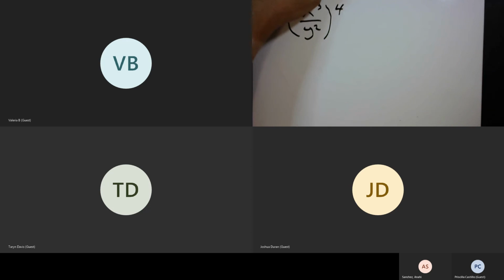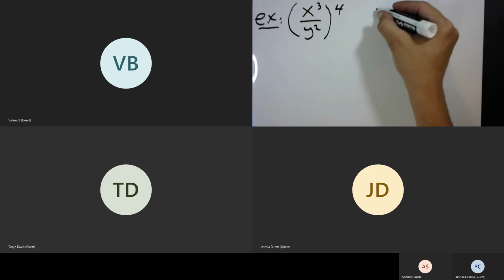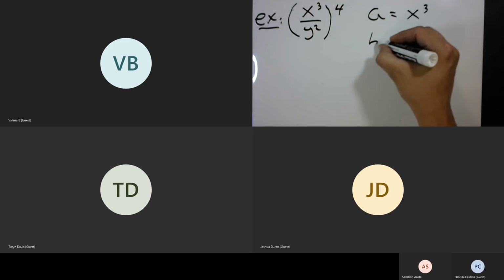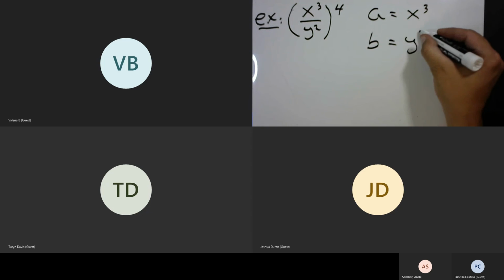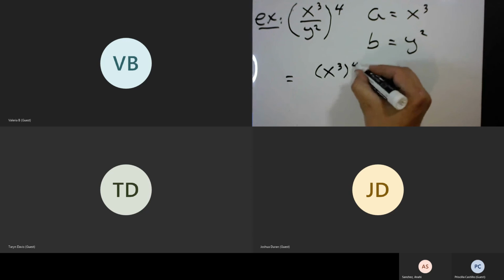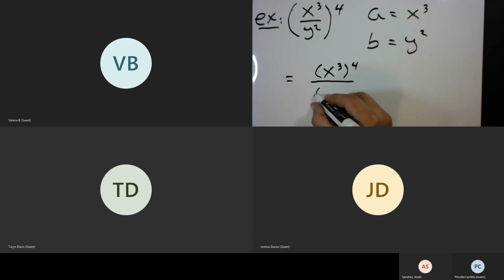Well, what this is saying here, just to let you know, is a is x cubed and b is y squared. So what we're going to get is a to the 4th, or x cubed to the 4th, and then y squared to the 4th.